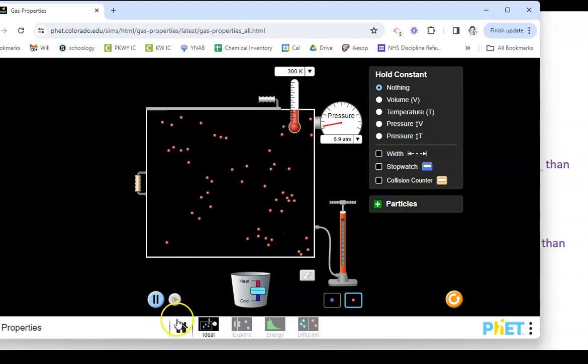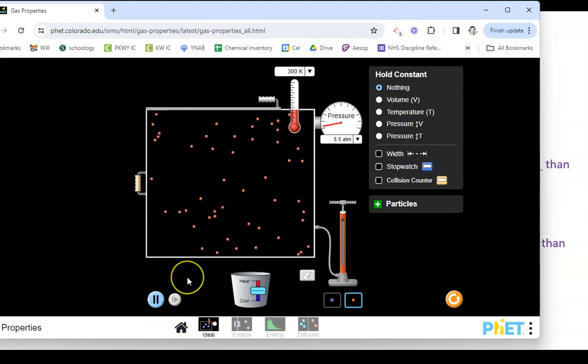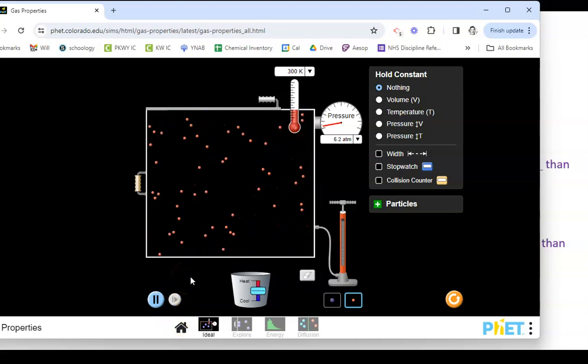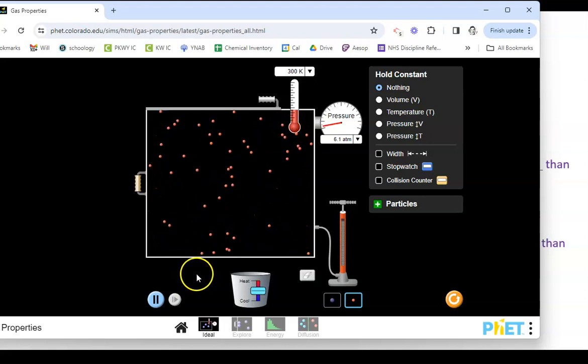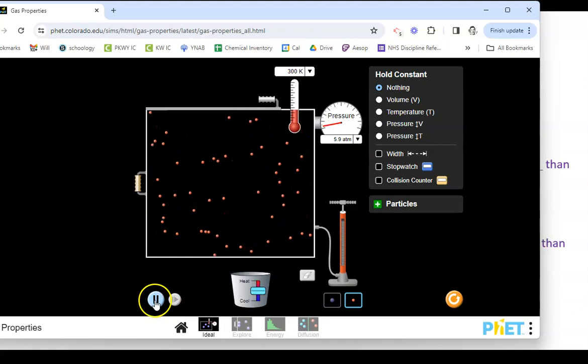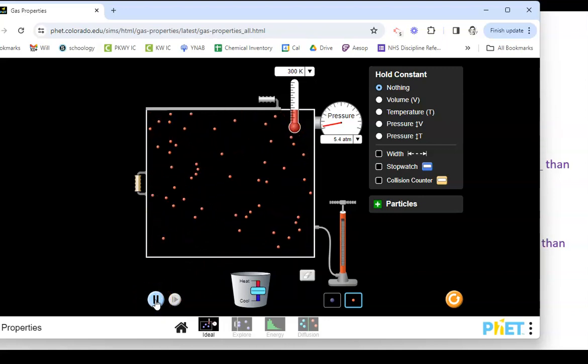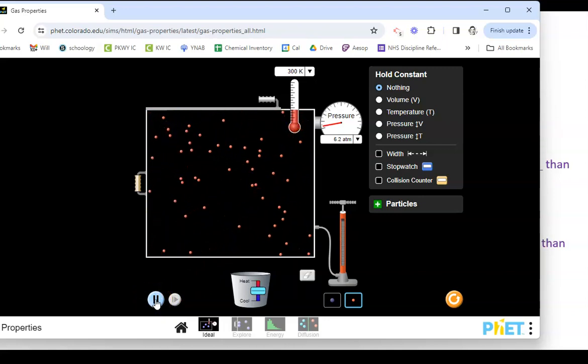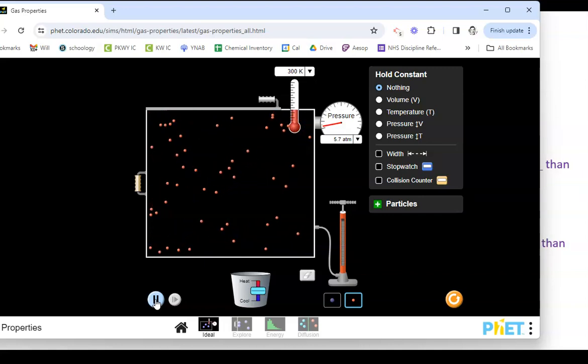The other thing to keep in mind is these things bounce around, and you don't really see it with this simulation, they're going to have intermolecular forces. So even helium atoms would have London dispersion forces. If you keep your eye on a couple of atoms as they collide, they're transferring energy, right?